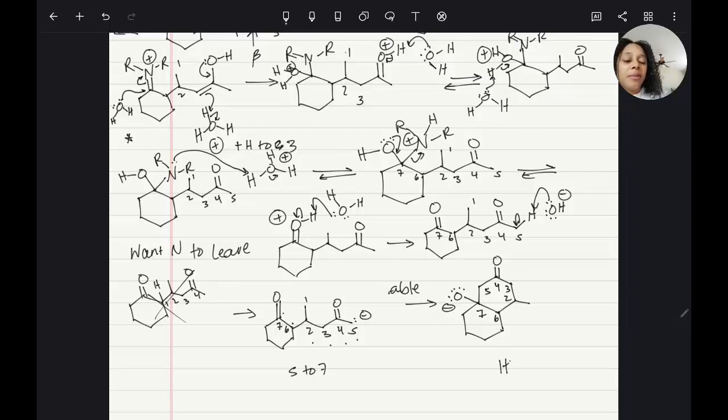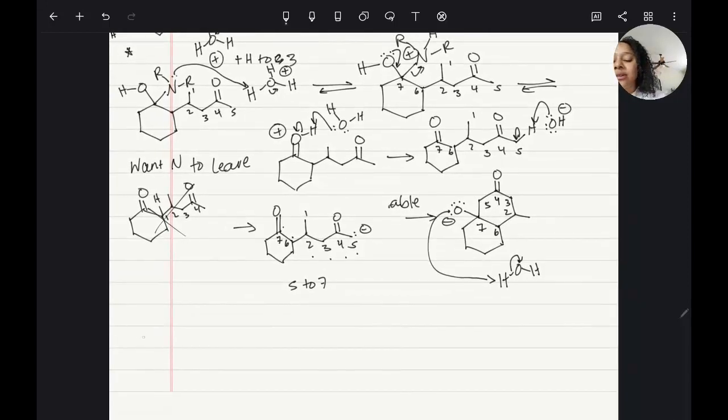So our next step, we're going to protonate our alkoxide, and again, this is not a very favorable step, it works, but the equilibrium is not extremely favorable, but again, what drives our process is what's going to happen next. So we're going to do an elimination.